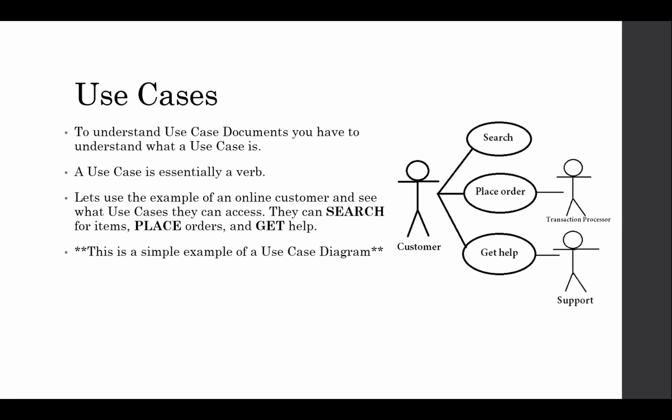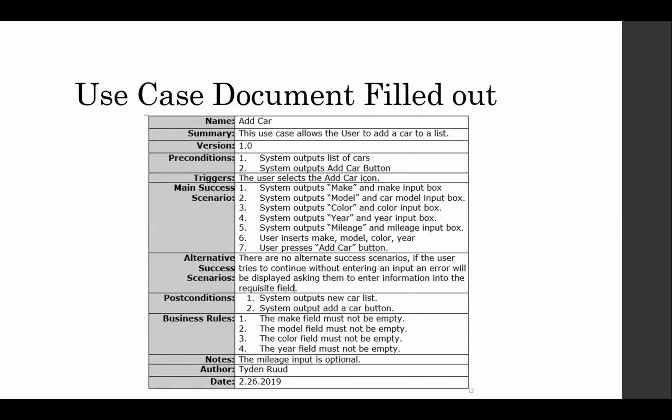Yeah, using this example, the add car would be one, and search or place order or get help would be others. All three of those would need use case documents to be documented, I guess. Okay. So a user story might give an overview of the entire program, but we're looking at just one particular method of it. Yeah, pretty much like if the stick figure picked that one, this is what they'd experience.